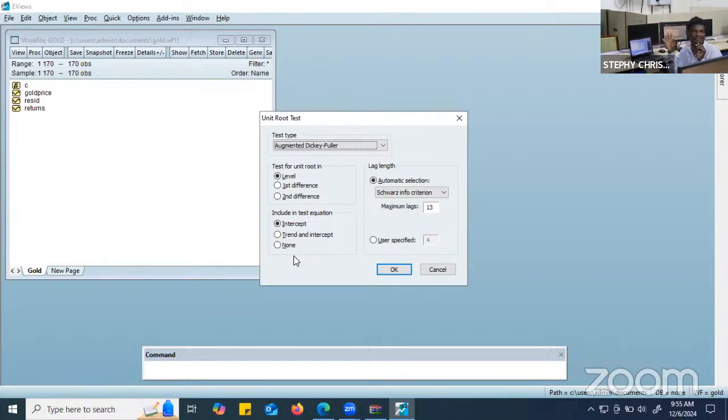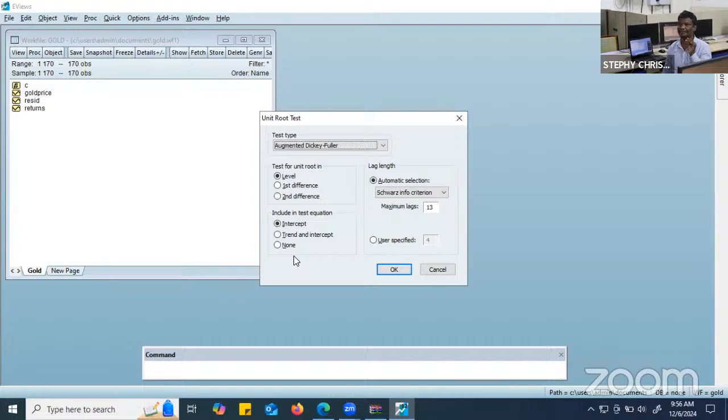Very simple. Now, your choice. I don't want to keep a constraint here, so let it be by default. Don't do anything. And one more thing I want to tell you: especially if you take time series, the lag length plays a major role. Please remember, lag length plays a major role. So what is lag length?